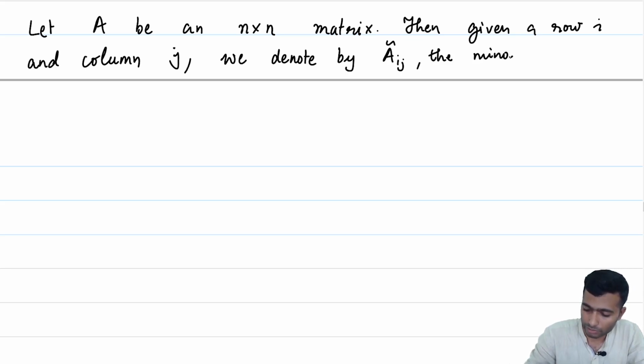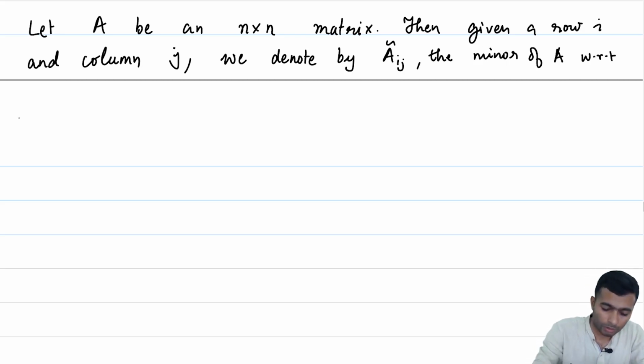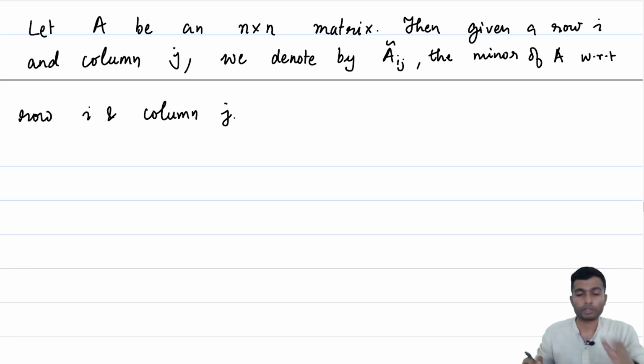So, I will define what this is: minor of A with respect to row i and column j. So, we will see what the minor is.